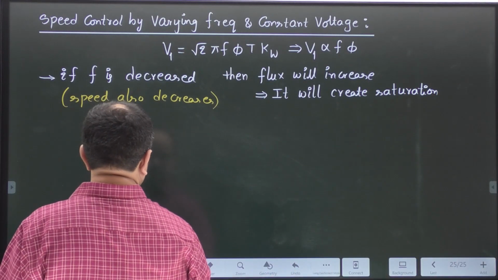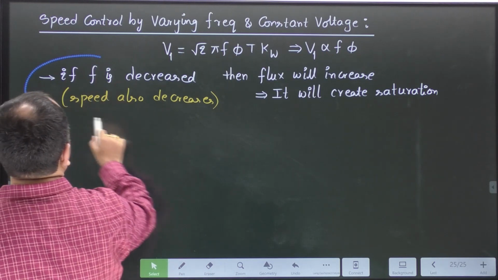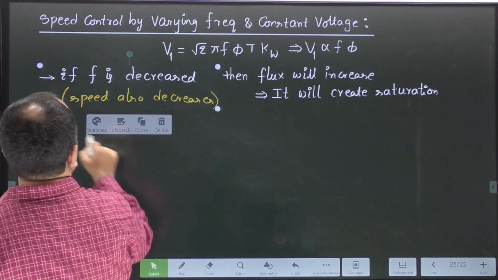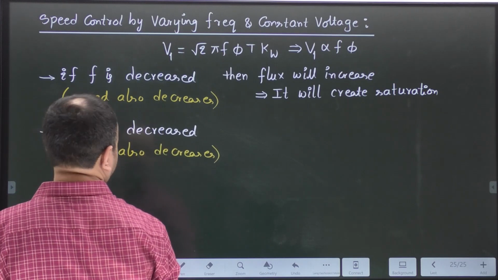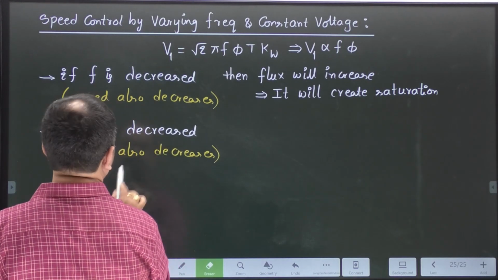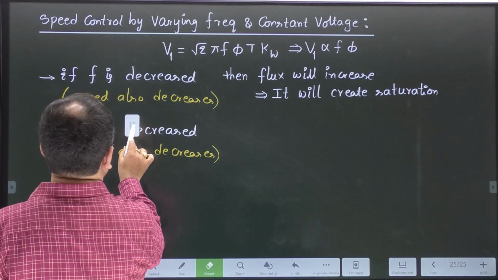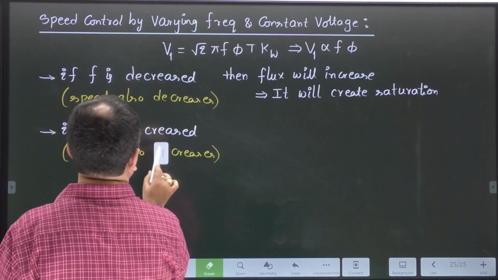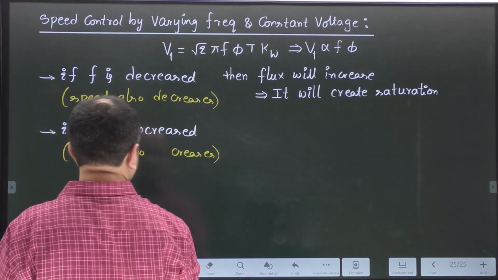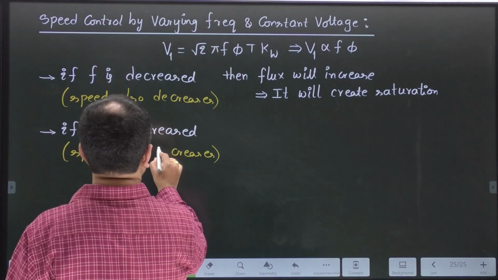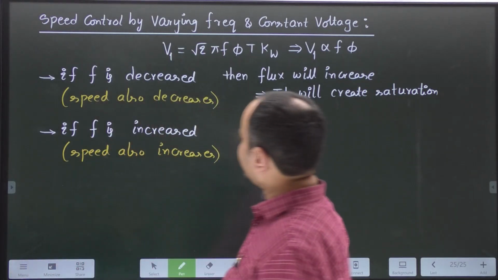Now, on the other side, if frequency increases, then what happens? If frequency increases, speed also increases, right?